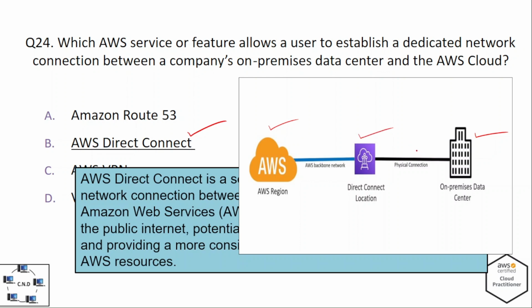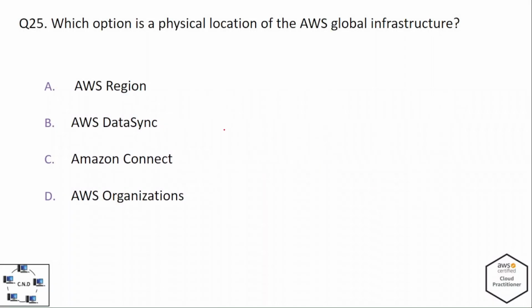This is not via the public internet, because the public internet is congested and it may slow down your data processing and application performance. So this is a type of private network connectivity to the AWS cloud using AWS Direct Connect.